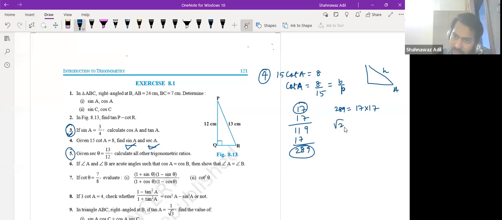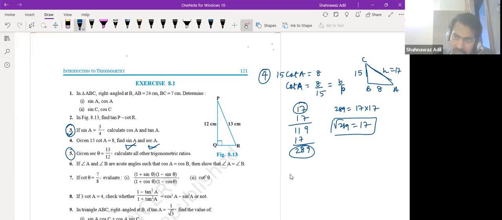So root of 289 would be 17. So you have got hypotenuse is 17, and if this is A, so cot A is base by perpendicular, so 8 by 15. This is the triangle that you have got.